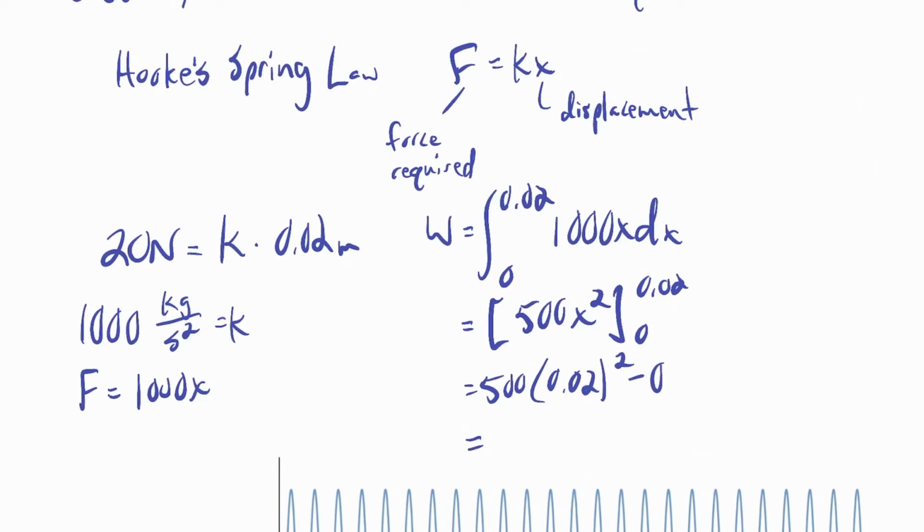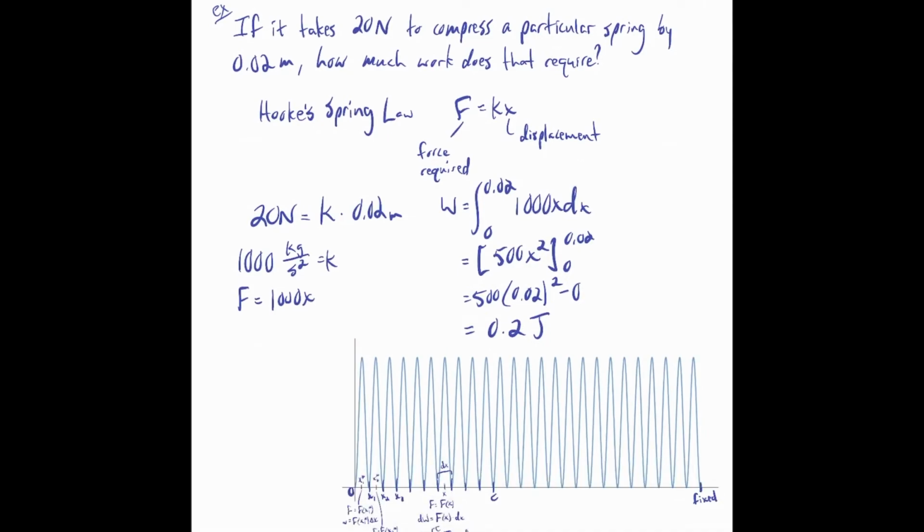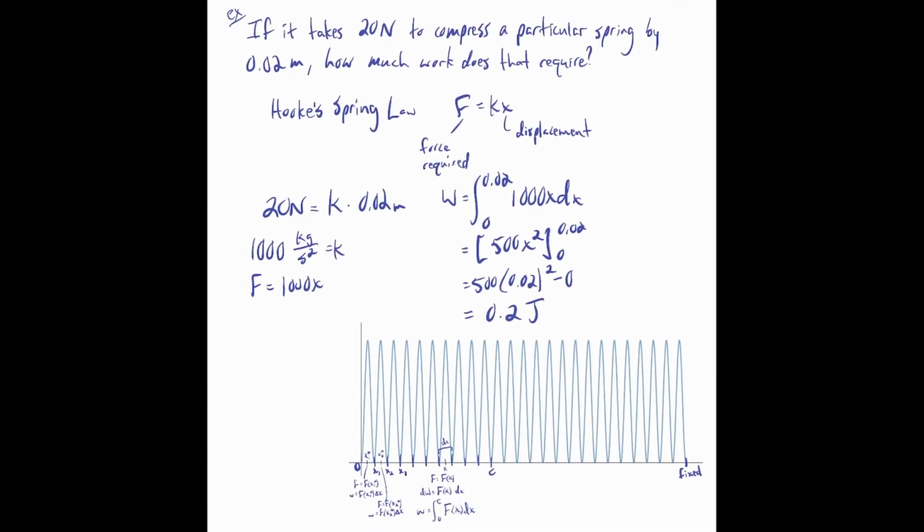Probably I could do that without a calculator, but let's just do this. It'll be faster, unless I press the wrong button at the beginning and have to start over, of course. This is 0.2 joules. Okay, so that is the work required. Not a whole lot to compress. 2 centimeters is not very much, so you're pressing on a spring and you can press it just a little bit.